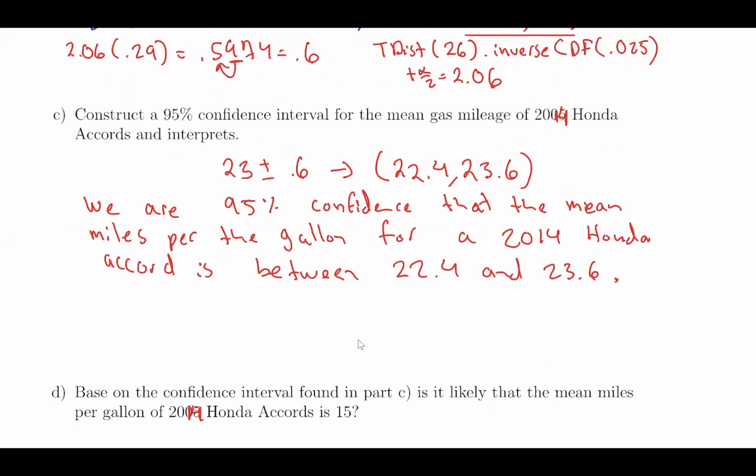Because if you look at our confidence interval, it's telling us it should be between 22.4 and 23.6. So is it likely that 15 is the true mean for the miles per gallon for a 2014 Honda Accord? So what do you think?